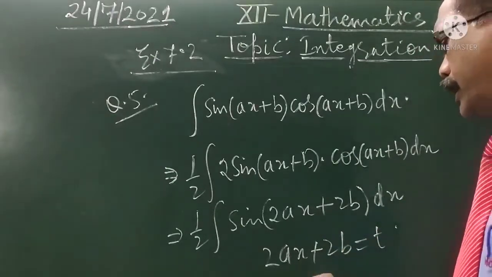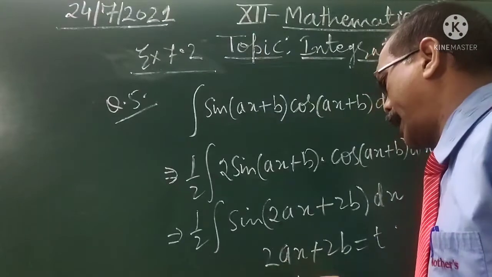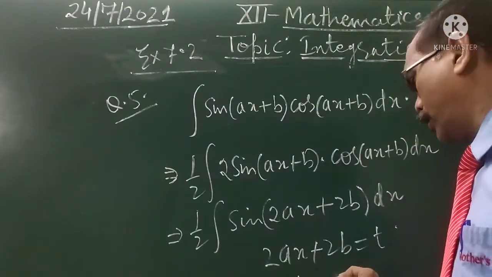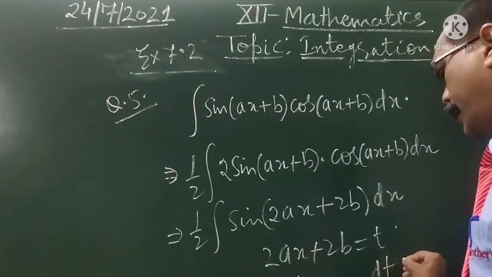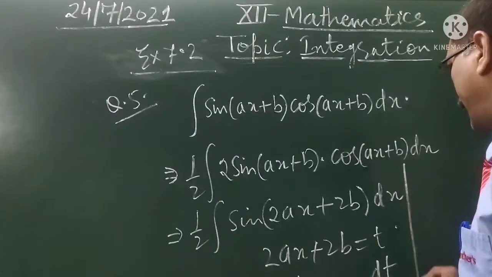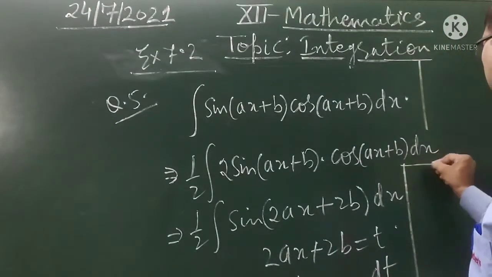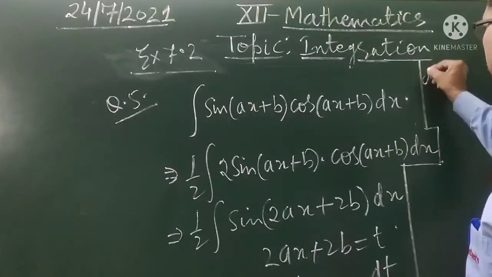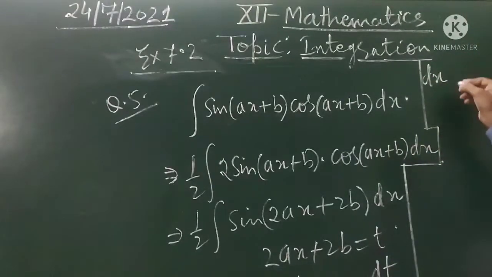Now differentiate it. It is 2a into 1, 2b is 0, equal to dt over dx. Then dx equals dt upon 2a.